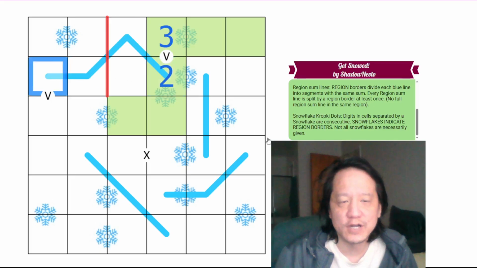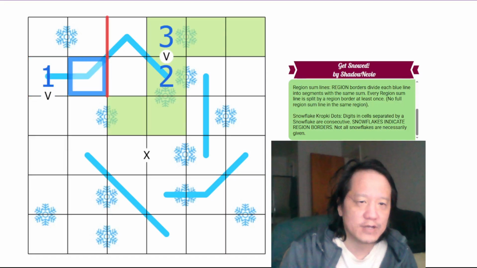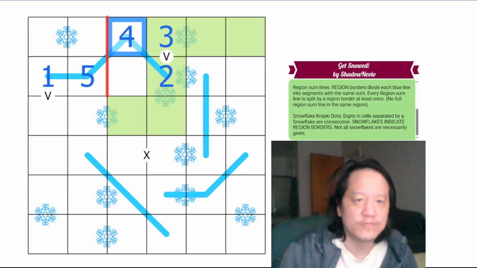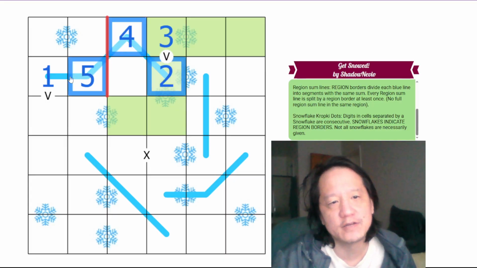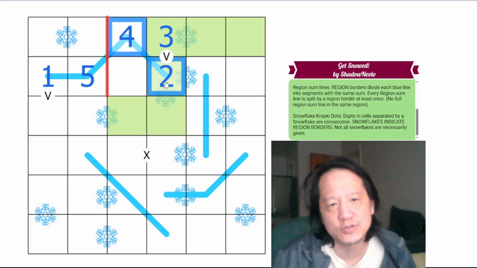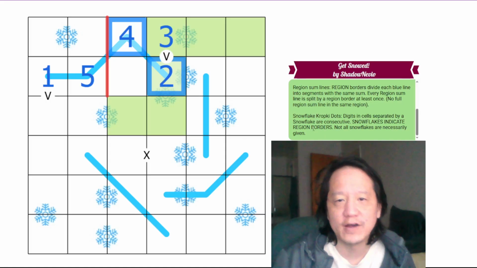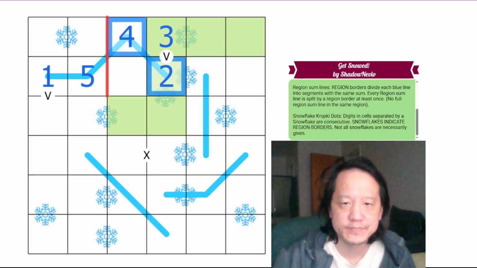So you could have something like 1 and 5 and 2 and 4. And this would be valid as a region sum line because these two digits add up to 6 and these two add up to 6 also. And that's an example of how region sum lines work.